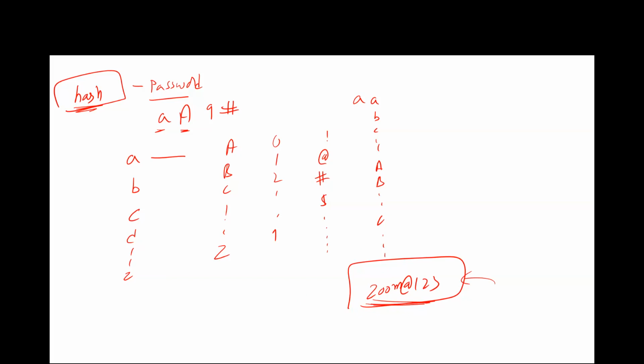Okay, now this particular procedure where you test all possible combinations of alphabets, numbers, special characters and so on to crack a hash value, you call this a brute force attack. Okay, so is it clear what a brute force attack is?